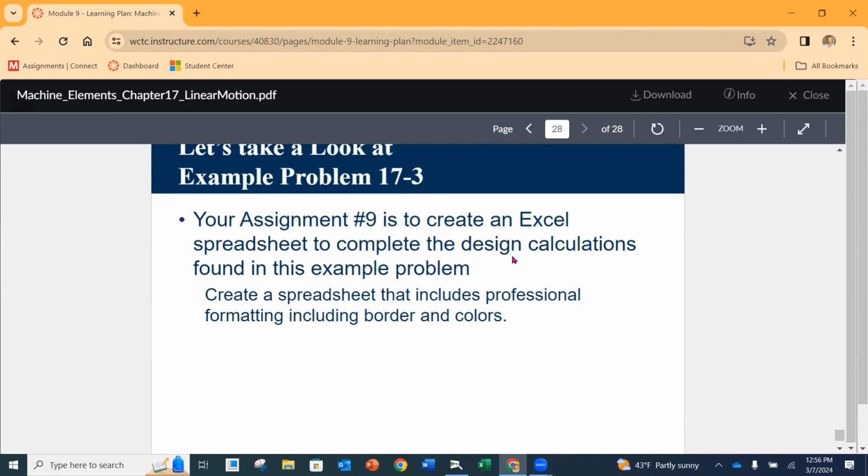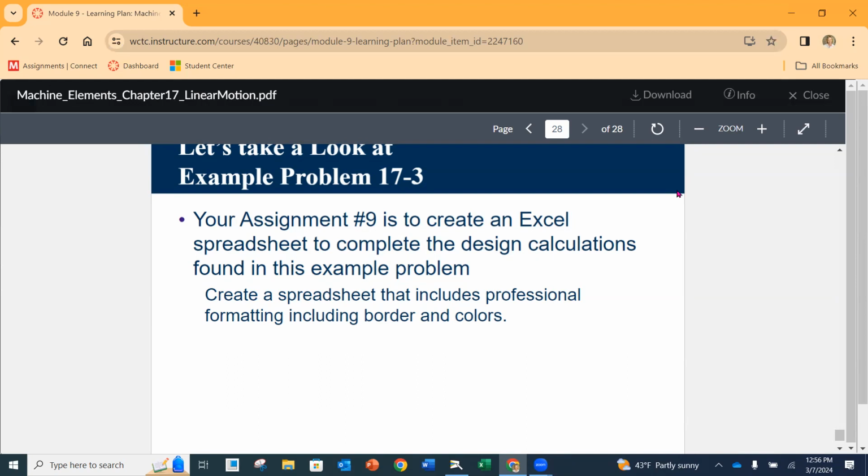For this chapter, it's a little bit different. I'm not assigning any problems out of the back of the book, and we don't have any practice problems. What I want you to do is get an overview of the chapter, get your nose in there, and then develop the spreadsheet to do the problems that are there. You have the answers and the process to assist you.